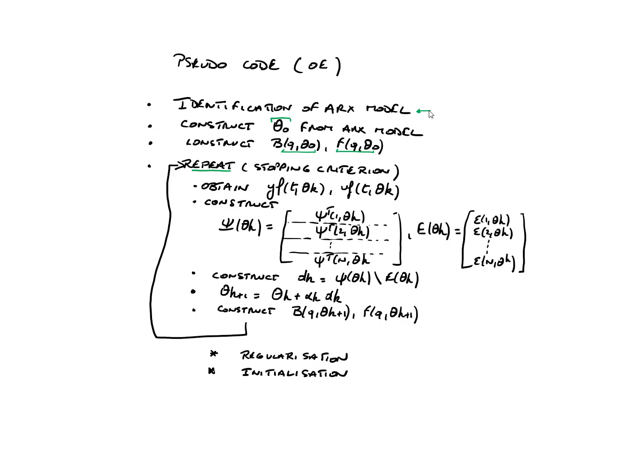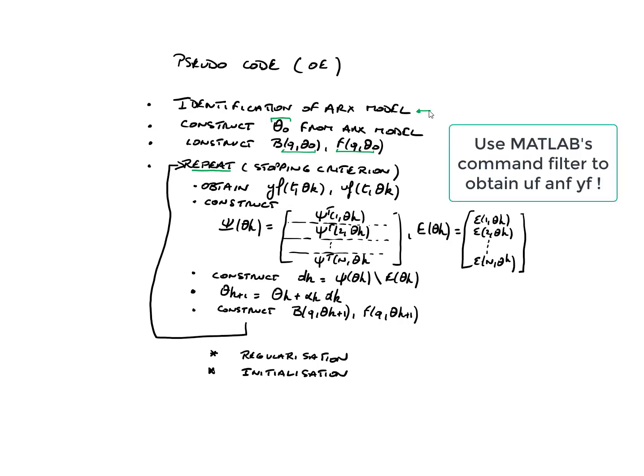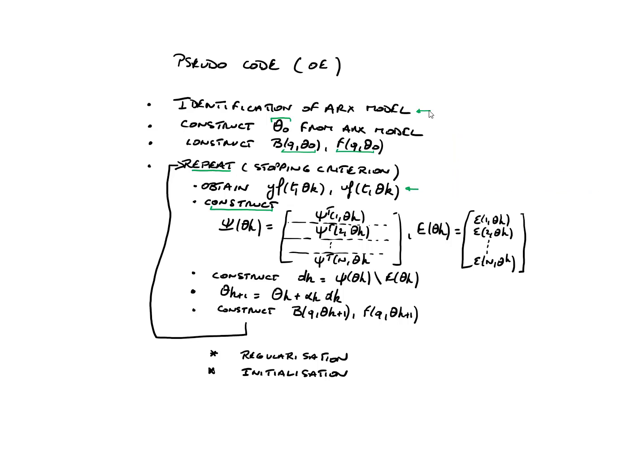What you need to do is construct these signals, these filtered versions of the input and these filtered versions of the predicted output. I refer to the slides for the formulas behind this. Once you have those signals, you have to construct this matrix Psi over here, and this vector E over here.